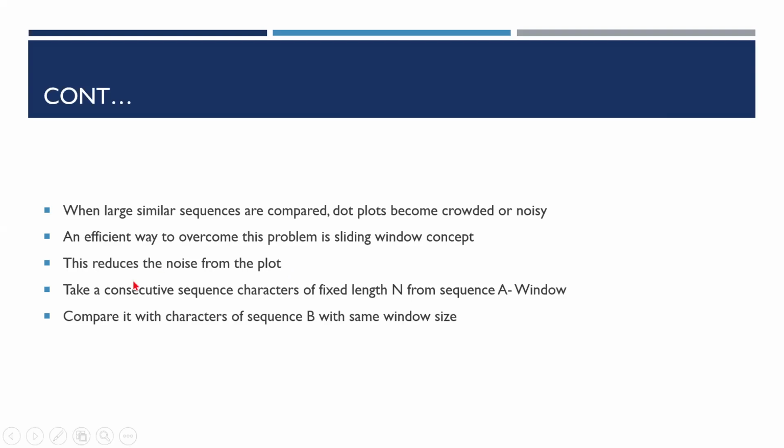So take a consecutive sequence of characters of fixed length n from sequence A, that's called a window. That window is compared with characters of sequence B with the same window size. If you take 10 characters as one window, the same window size of 10 characters will be considered in sequence B also.